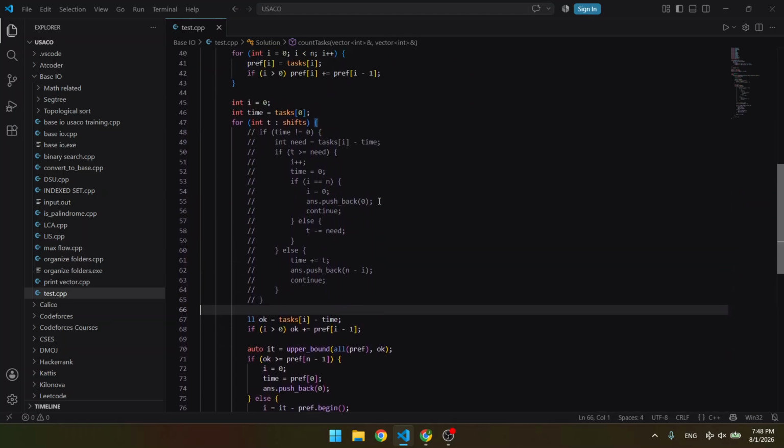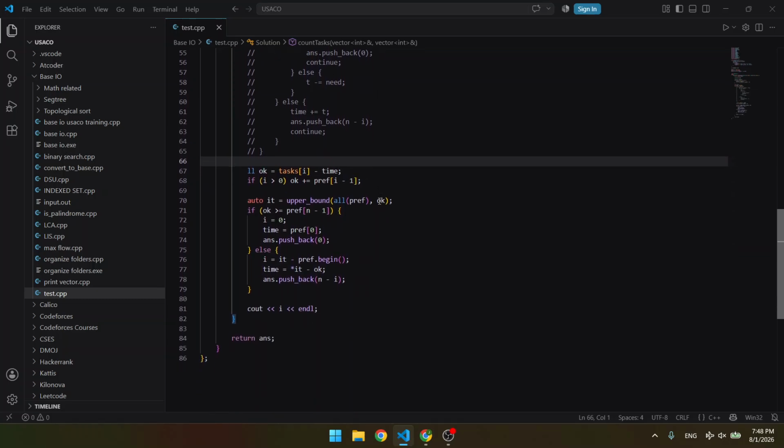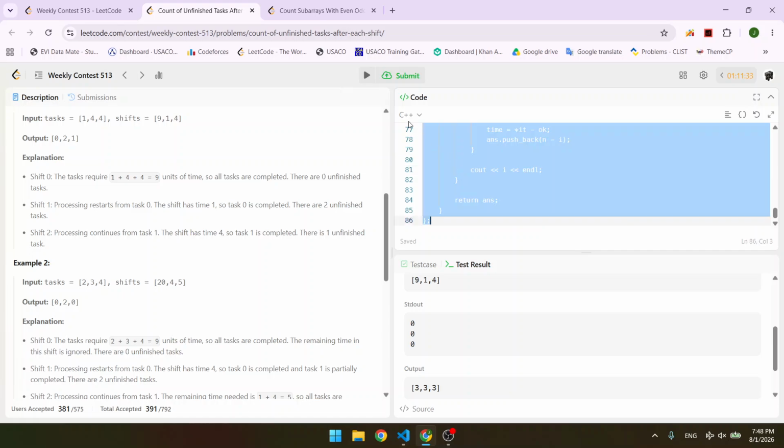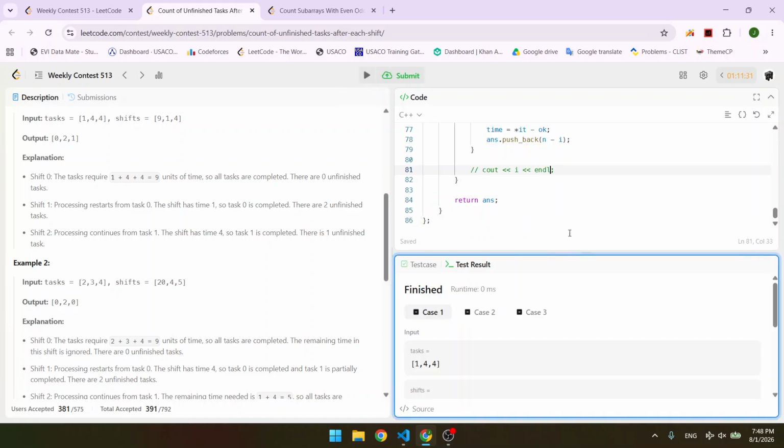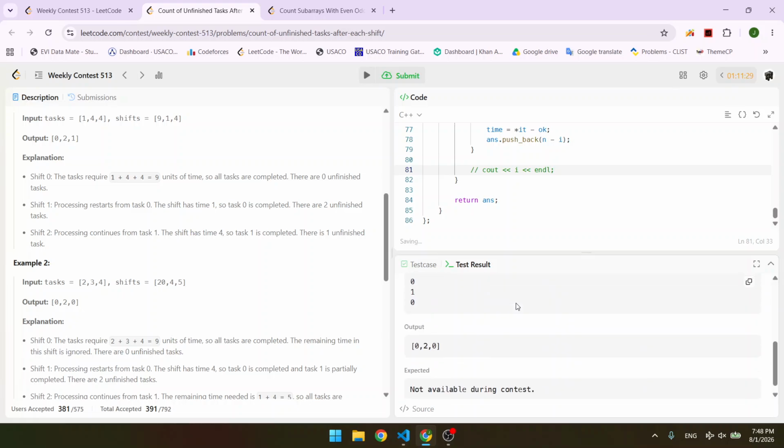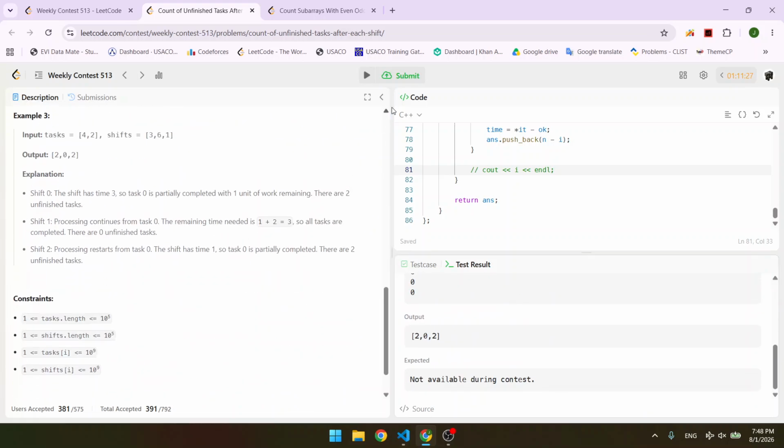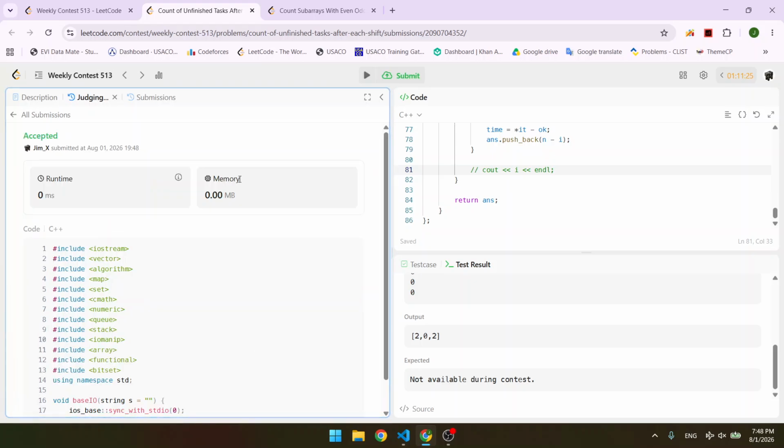Task 0 minus time plus t. So 0 to 1, 0 to 0, 2, 0, 2. Alright, nice.